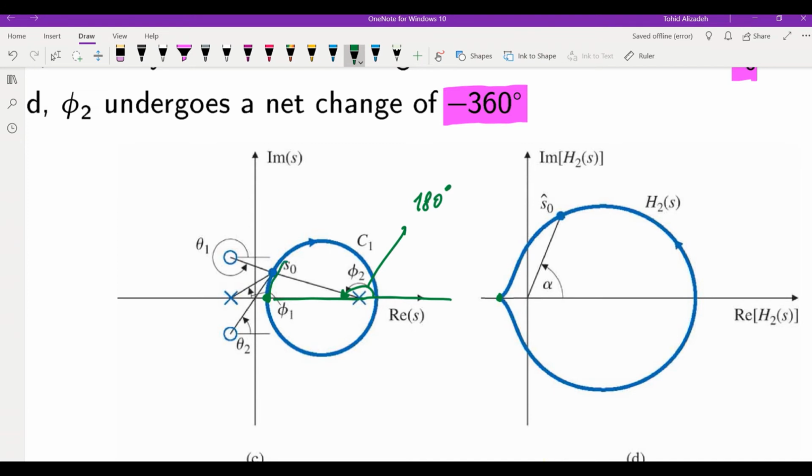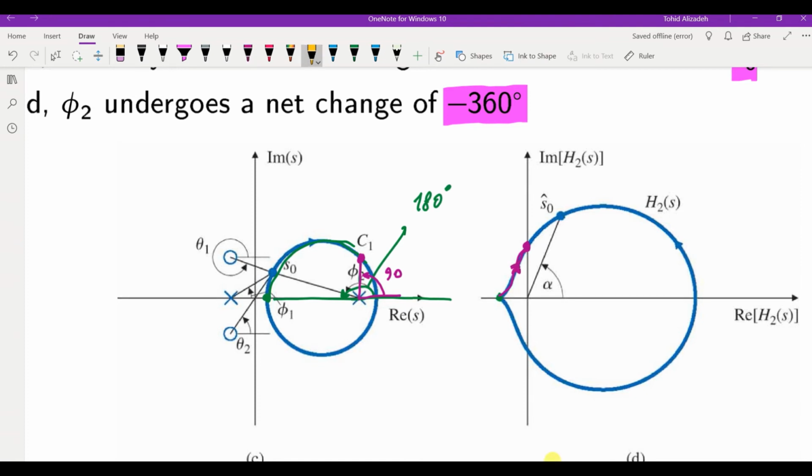And as we move over the contour at some point like this point, if I call it S1, the angle that we have will become 90 degrees, which is indeed this point. So the mapping of H2 will move in this direction.